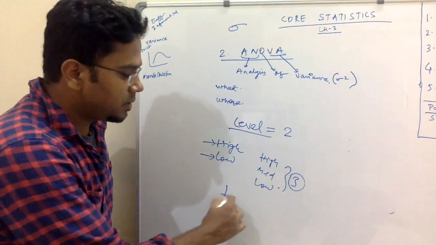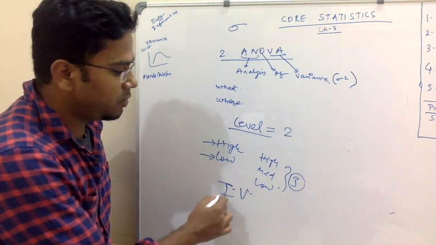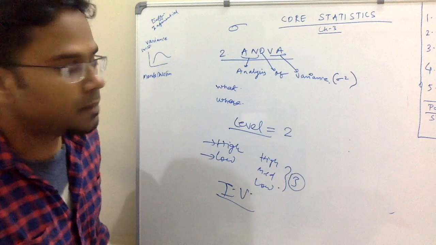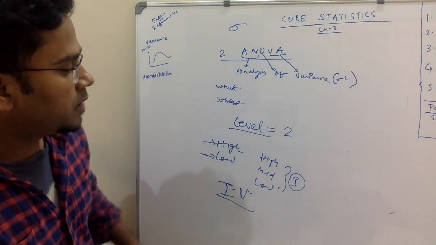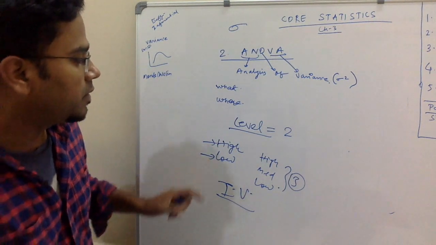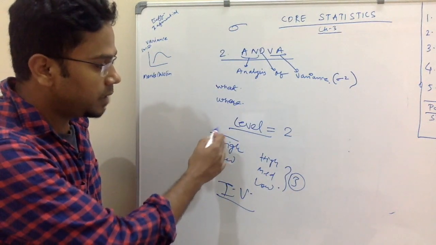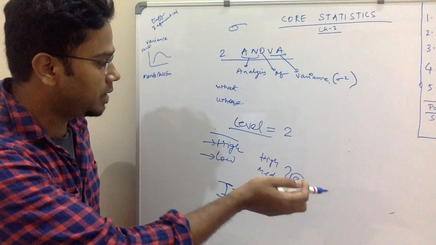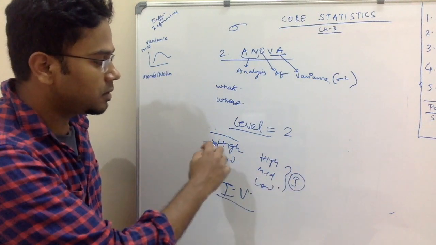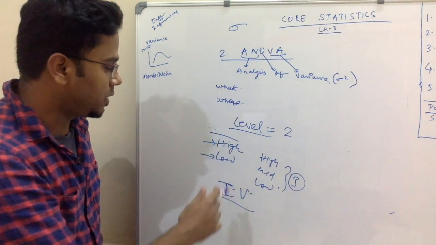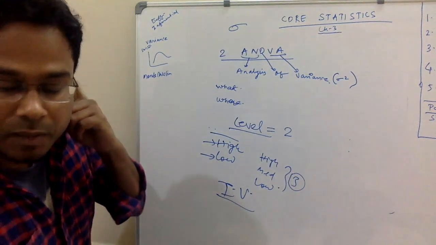Now there is another concept which you already know, but I'll tell you again: independent variable. Here, what were we discussing? The different types of therapies, right? So the independent variable is the different types of therapies.